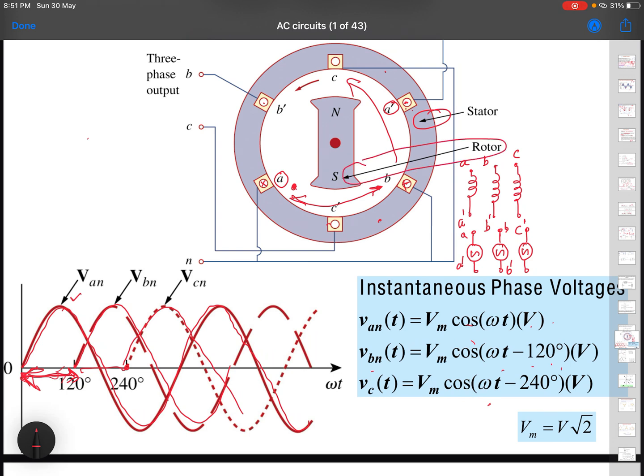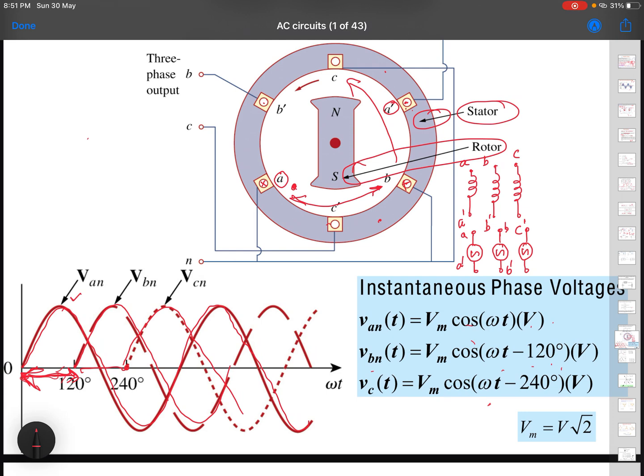The rotor is rotating all the time, and the stator is a fixed part. So these are the coils which are placed on the stator. That is how these three voltages are generated, and they are separated by 120 degrees to each other. That is what a three-phase system is.